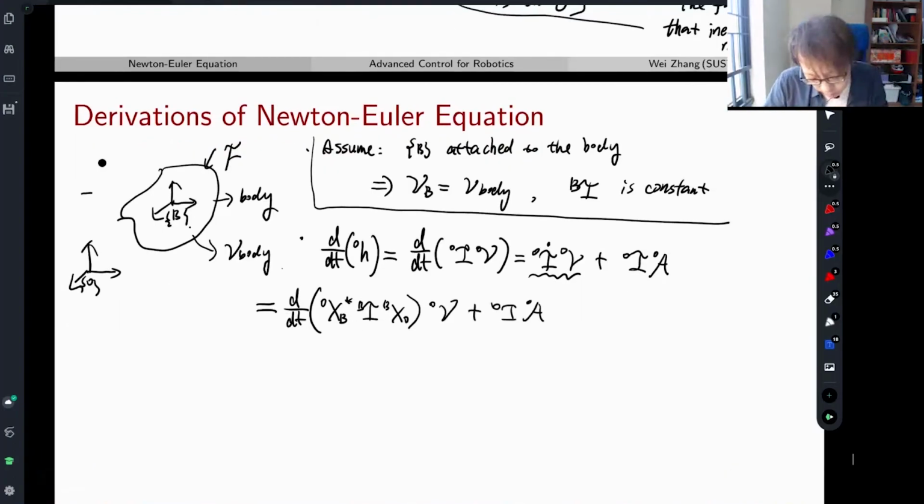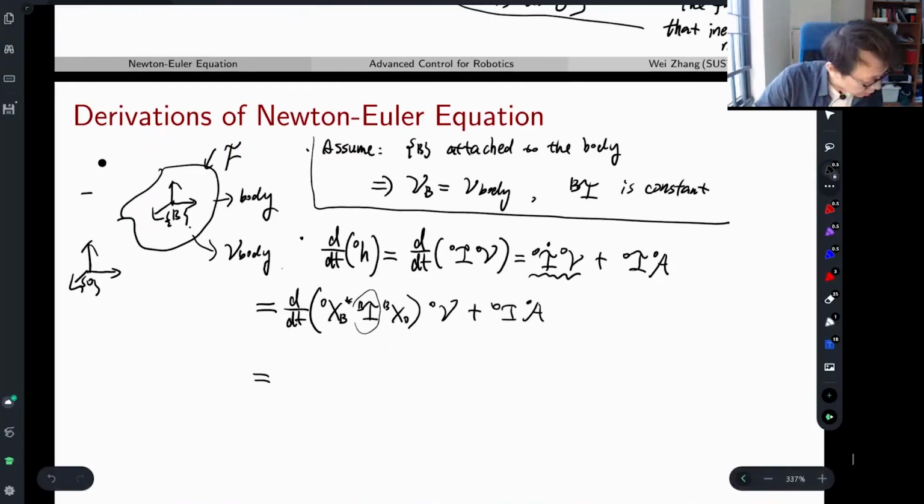Now this term, I know this one doesn't change, right? I have two matrices pre- and post-multiplying this matrix, and both of them are time dependent, so I need to take the derivative.